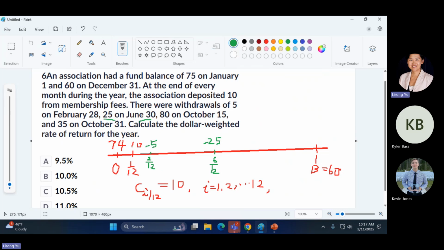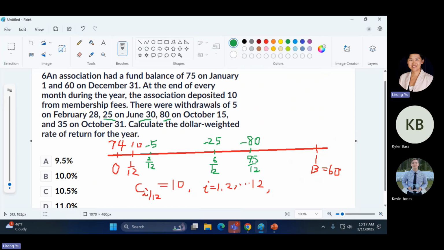So withdrawal, I put it in the negative. And 80 on October 15. By October 1st, there has passed 9 months. By the end of October, it will be 10 months past. So October 15 should be roughly 9.5 months. 9.5/12, and it was a withdrawal of -80.